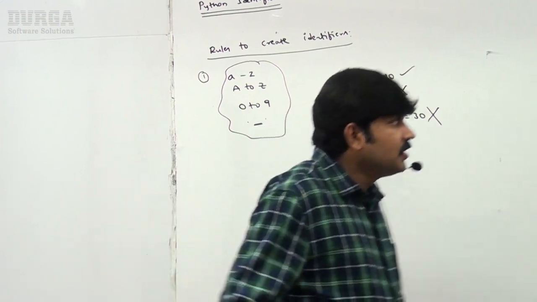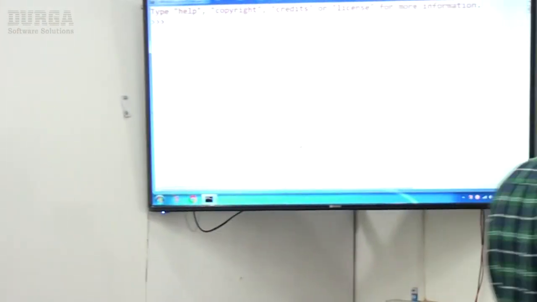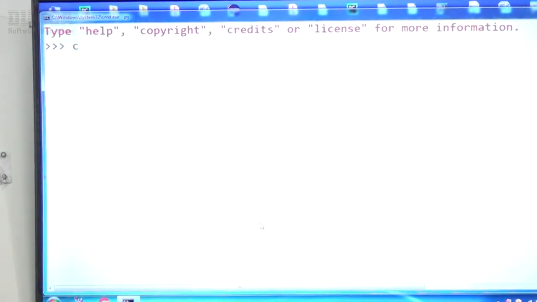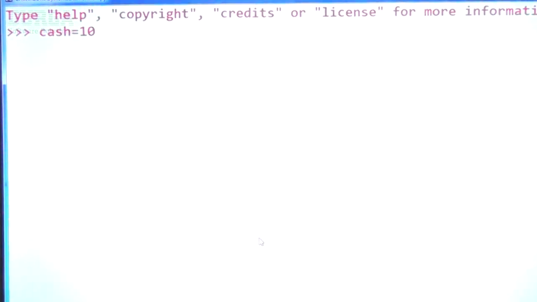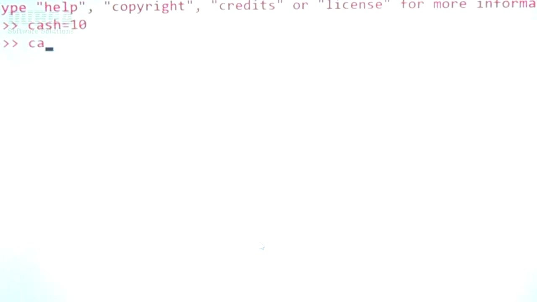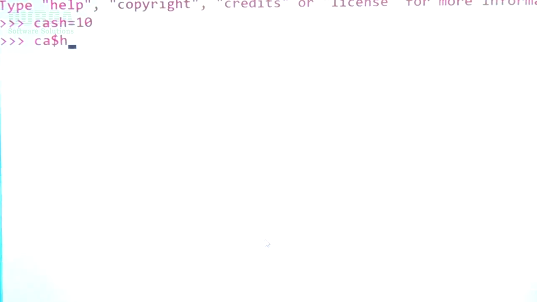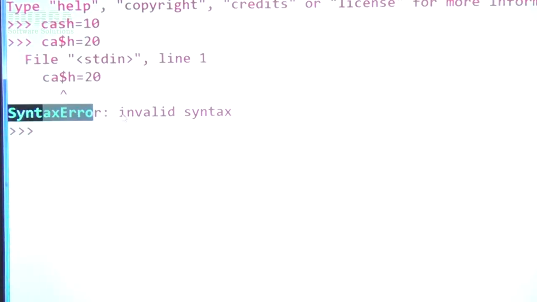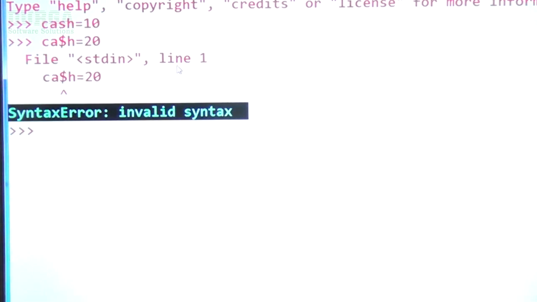Have a look once and observe carefully. Here I take CASH is equal to 10, valid, perfect. Then $H is equal to 20. Have you observed? Syntax error, invalid syntax.